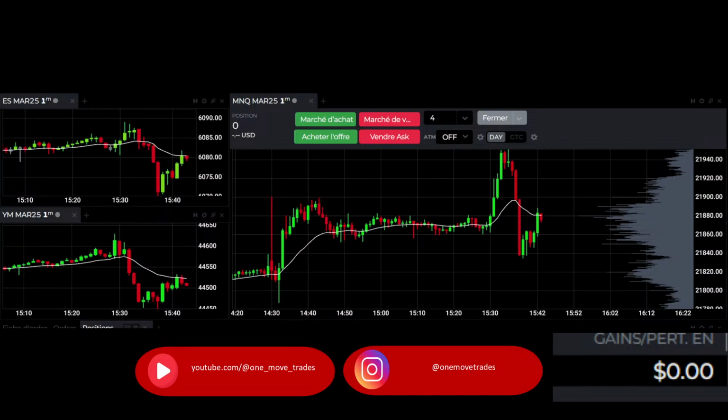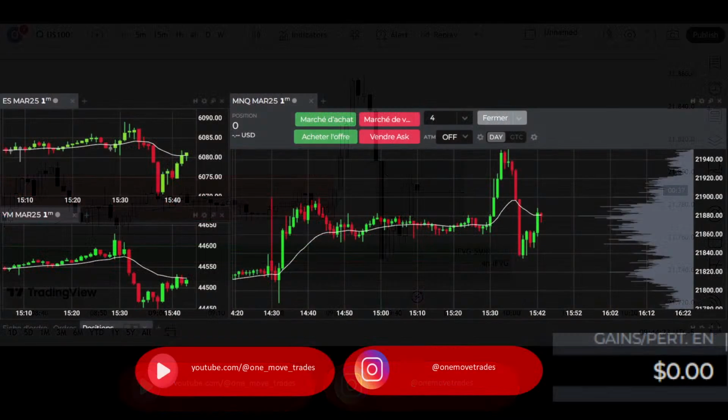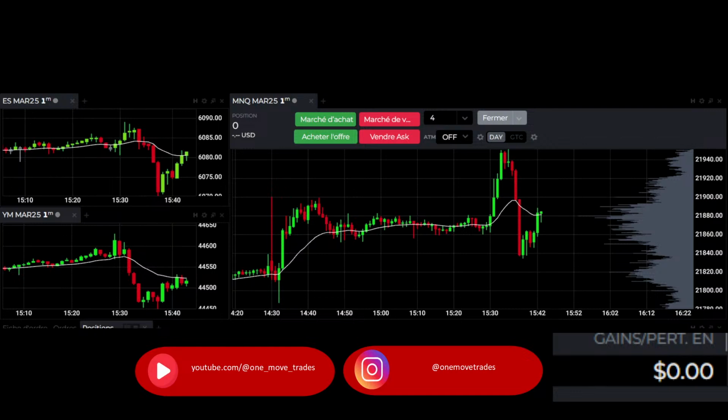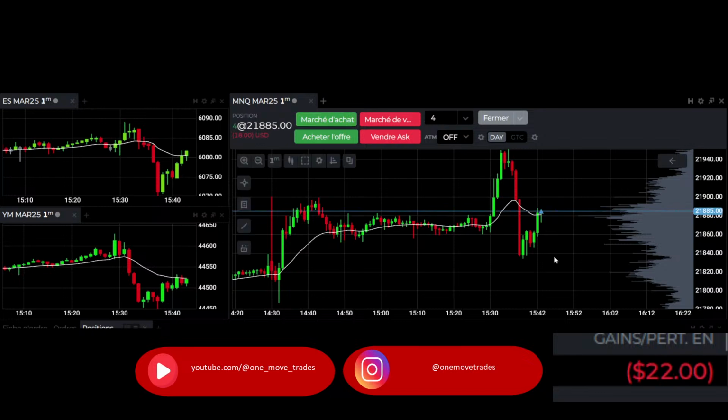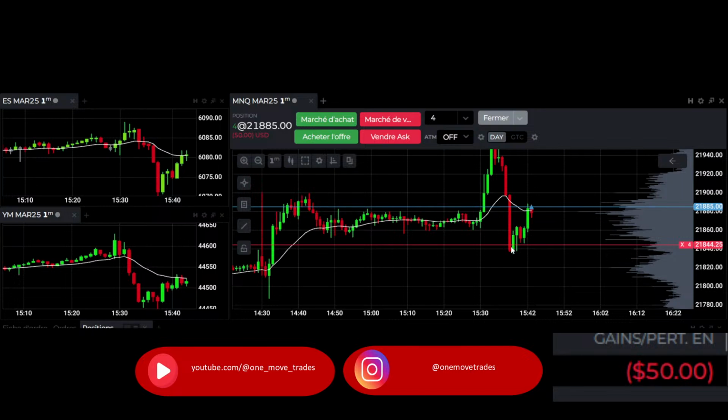I will wait for price to break this reversed one. If we have a close above this reversed one, or I actually will long because the order filled. We did break this moving average. This is my first entry. Stop loss is below this low.